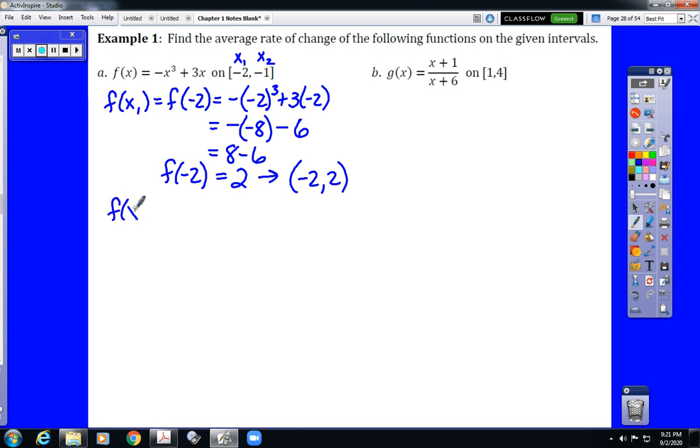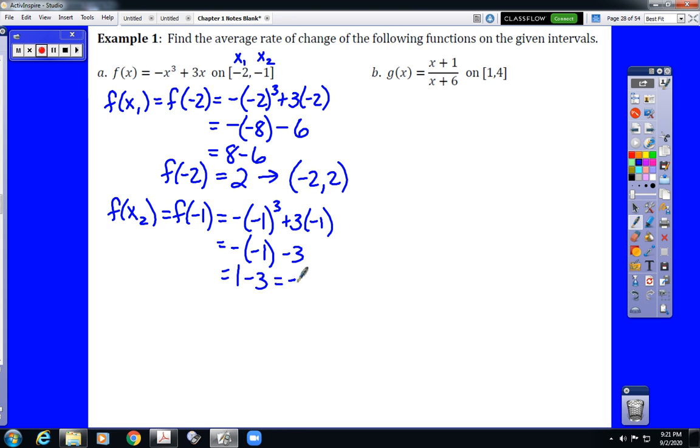Then we need to find f of the second x value, which is the other endpoint, -1. So that would be -1 cubed plus 3 times -1, which would be -1 minus 3, or 1 minus 3, which is -2. Which means f of -1 is -2, and implies the other endpoint that we're using is -1, -2.